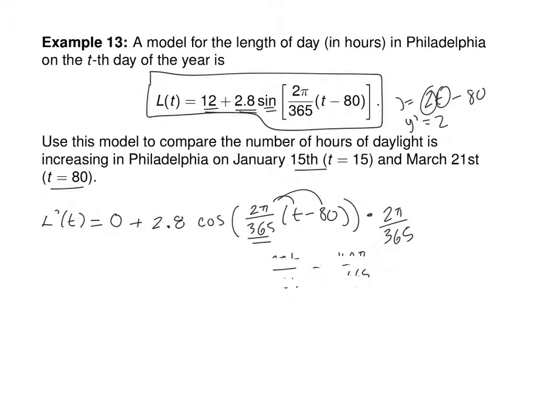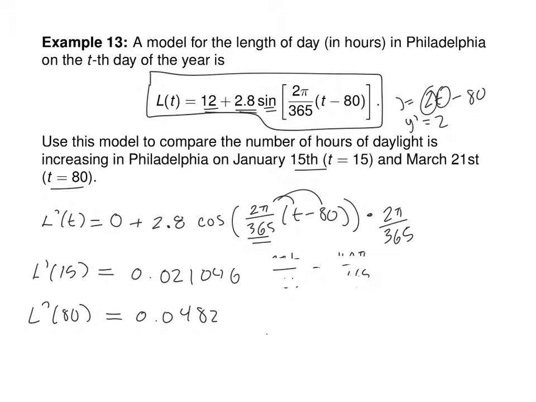Okay, and then how would you compare these? You'd plug in what number for t first? 15. And that gives you 0.021046. And then 80 gives you 0.0482. What are their units? What's L measured in? Hours.